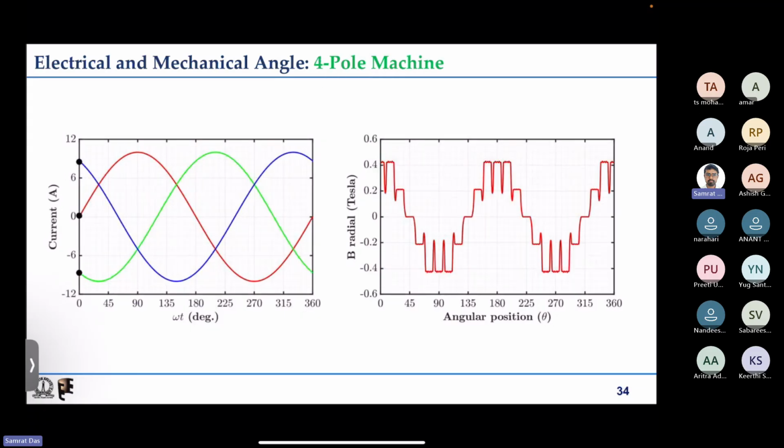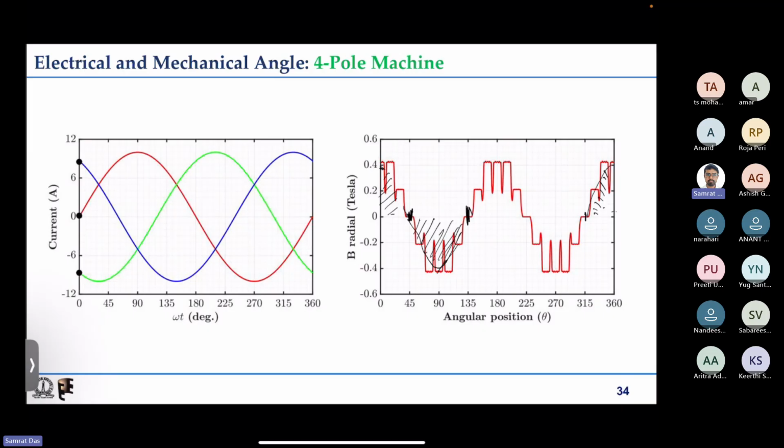Now if I go to the four pole machine, here again we are starting from omega t equal to 0. So this is like from 0 degree to here approximately 45 degree we have positive flux density, then this portion to here we have again positive flux density. From 45 degree to 135 degree we have negative flux density, right? We have negative flux density here.